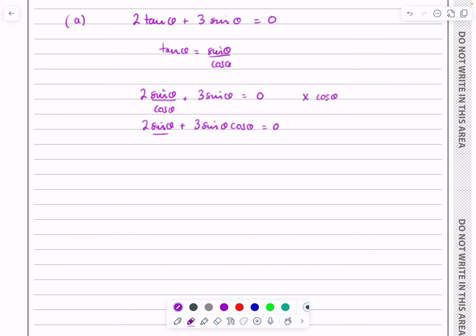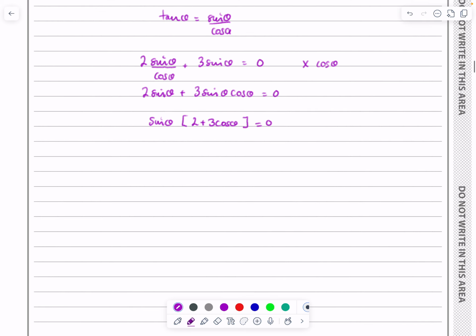I've got sine theta here and sine theta here, so I can take that out as a factor, which will leave me 2 plus 3 cos theta equals 0. So this gives me either sine theta equals 0, or it gives me 2 plus 3 cos theta equals 0.